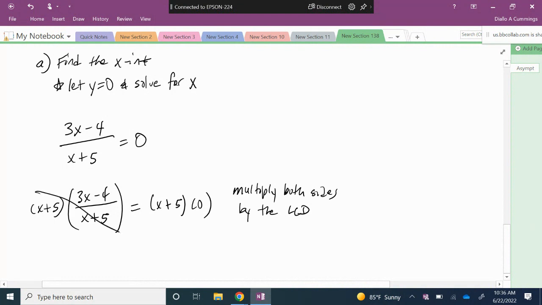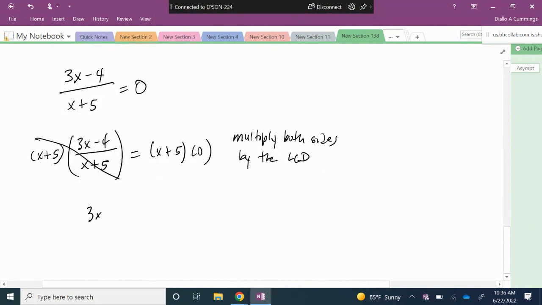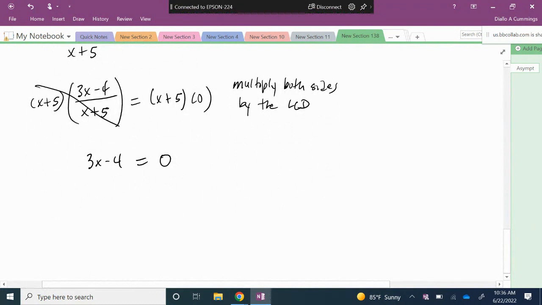On the left-hand side, the x plus 5s are going to cancel, so we're left with 3x minus 4. On the right-hand side, anything times 0 is 0. So we have 3x minus 4 equals 0. We're going to solve it for x.